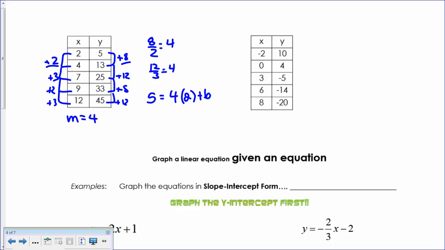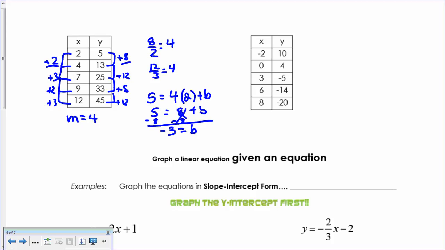What's 4 times 2? 8. Now, how do I get b all by itself? Brianna, what do I got to do to this 8? Subtract it, right? Do its inverse. So if I subtract 8 from both sides, that goes away. And 5 minus 8, Anna? -3. So our b is -3.